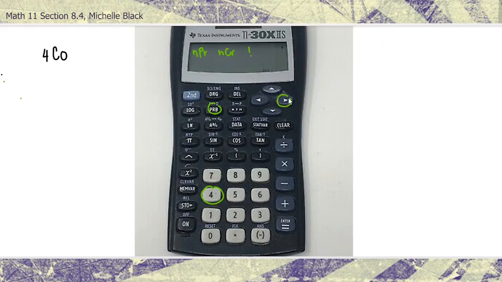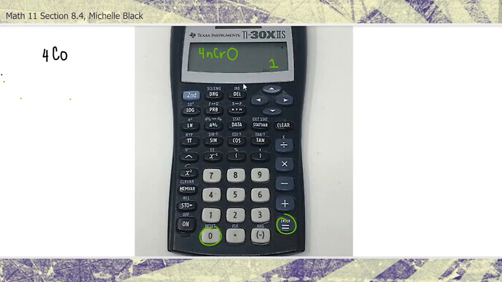And you're going to scroll over until you're underneath this option, then hit enter. So now what you're going to see is 4, and then you're going to see that nCr, and then you can click 0, so it'll say 0, and then when you click enter, you'll get back the answer, which is just 1.